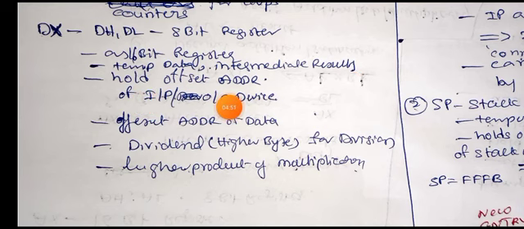It can hold the input device port address or output device port address, right? It can hold the higher word of the dividend for division, right? It can also hold the higher word of the product after multiplication, right?